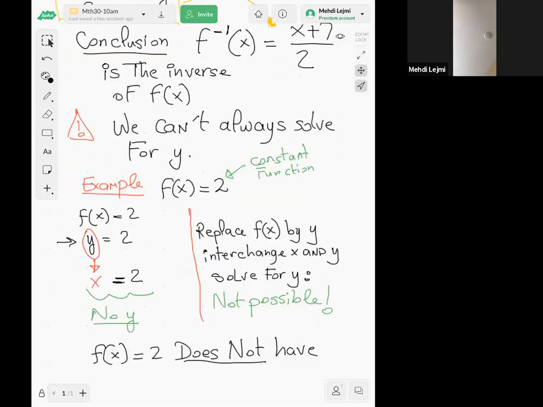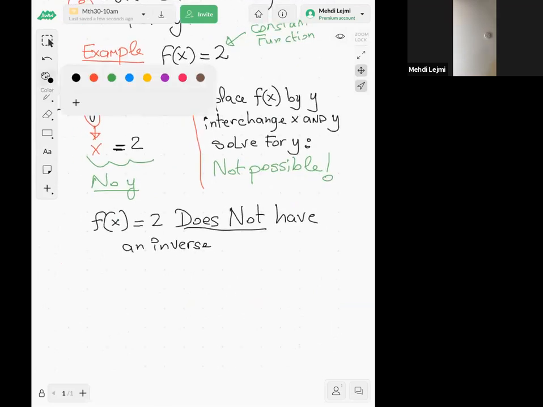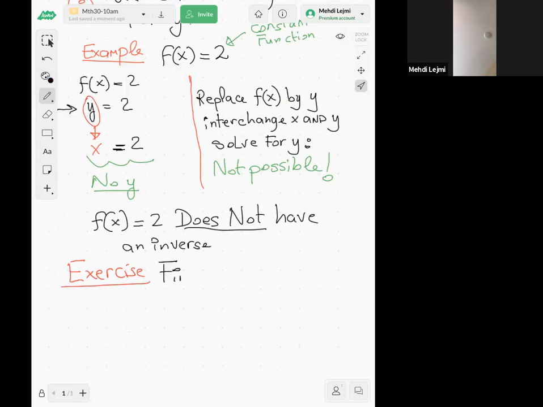Here's an exercise. We need to find the inverse of the function f. Find, if possible, of course, because sometimes it's not possible, the inverse of f of x when it's possible.